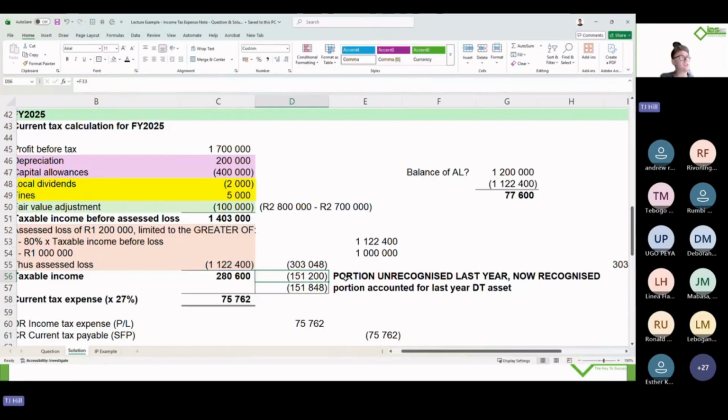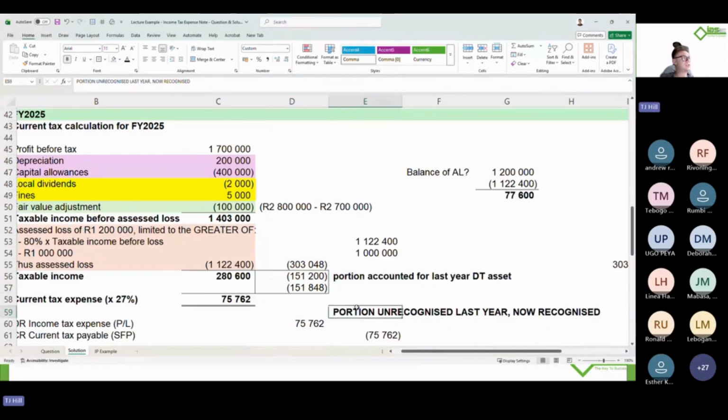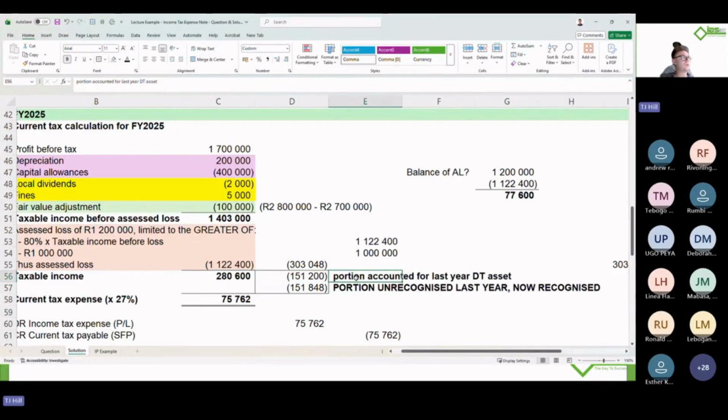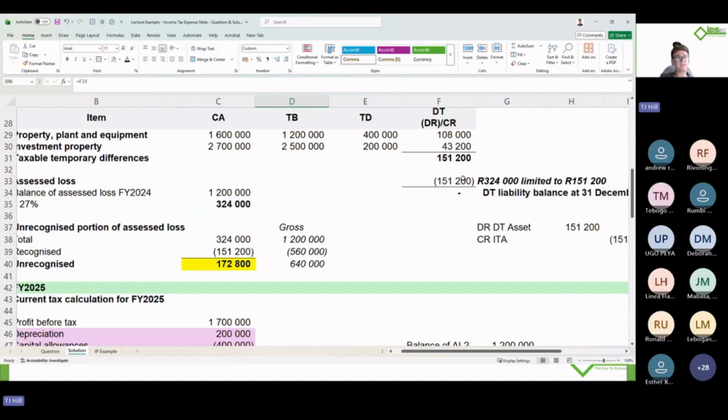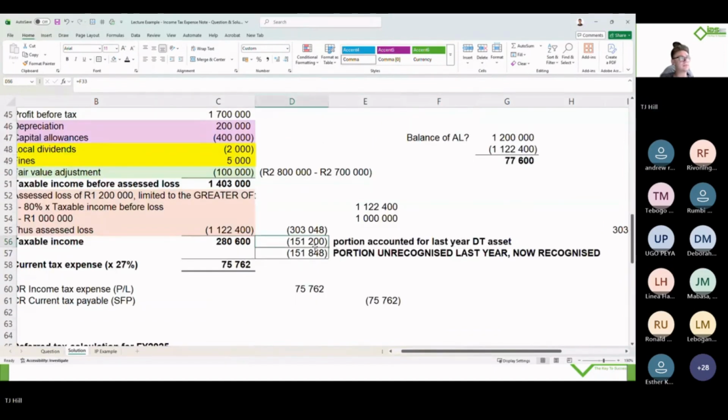Okay. Last year, I need to swap these two as well. Last year, I already accounted for 151,200 in deferred tax. Of this 303, I already accounted for it last year. But this portion I did not account for last year because I couldn't.